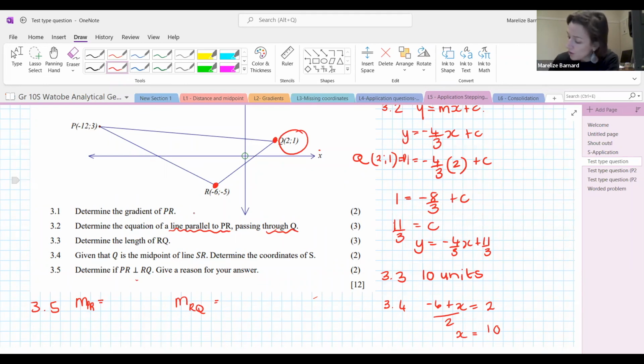Let's get the gradient of RQ. Okay, guys, so what are we saying? Are these lines perpendicular? Let me know.